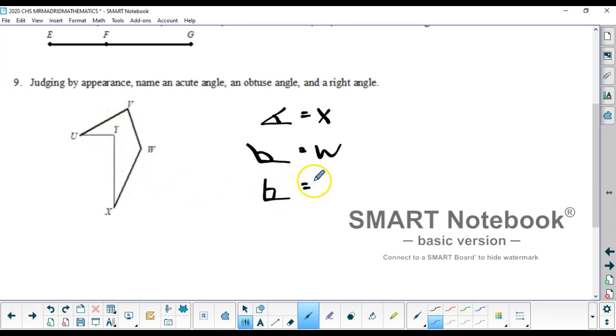Just Y. Or rather, we can say just in general, angle X was acute, angle W was obtuse, and angle Y was right.